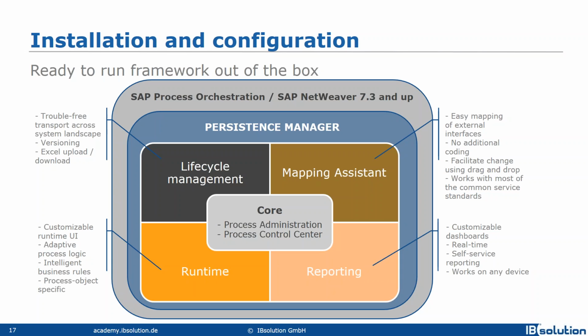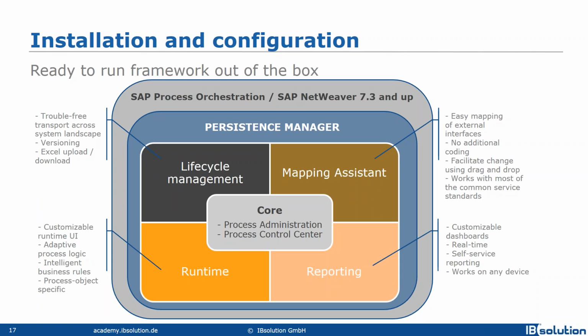Of course, one of them, quite the most important, would probably be the runtime, where we have the customizable generated runtime user interface. We have adaptive process logic, which is taking care of these non-suspendable processes, intelligent business rules, which we also spoke about, different templates which we bring to the customer, and of course the runtime is also process object specific.